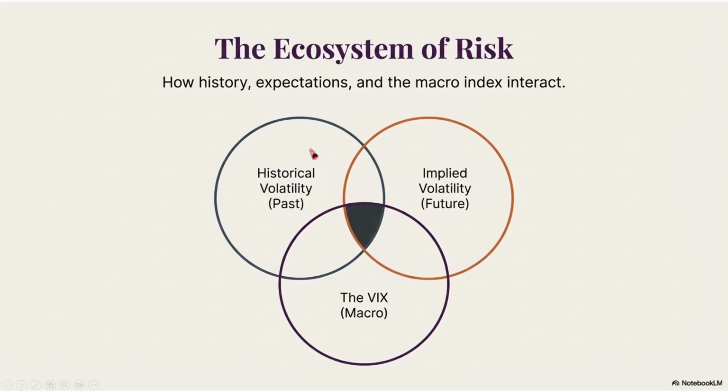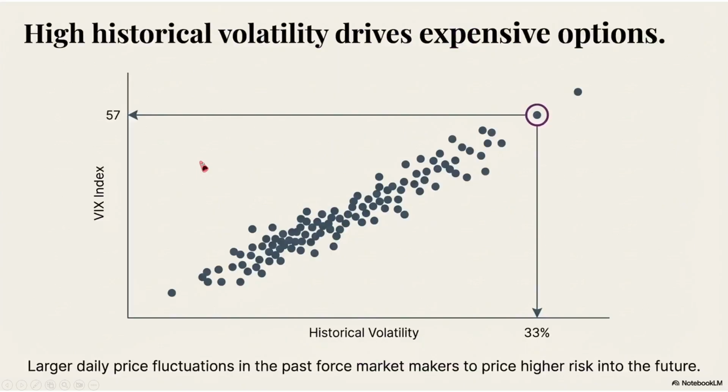So these concepts do not exist in a vacuum. They interact to form a complete ecosystem of risk. Historical volatility represents our past, implied represents the future, and the VIX represents the macro. There is a direct observable relationship here.